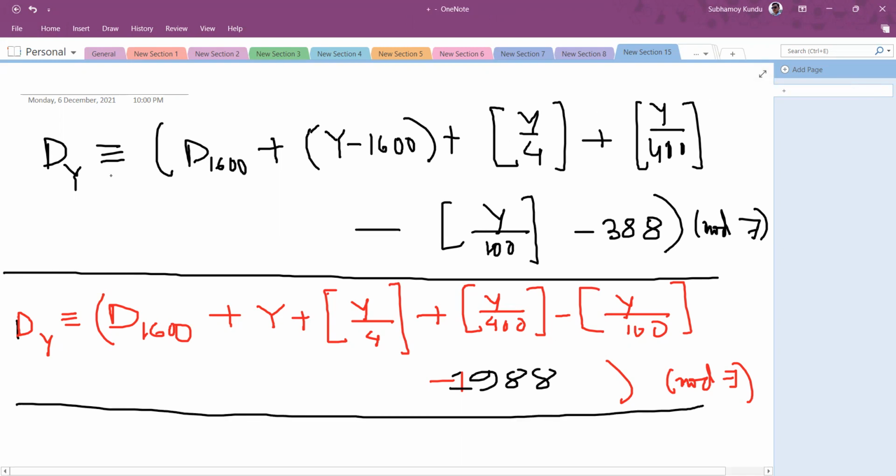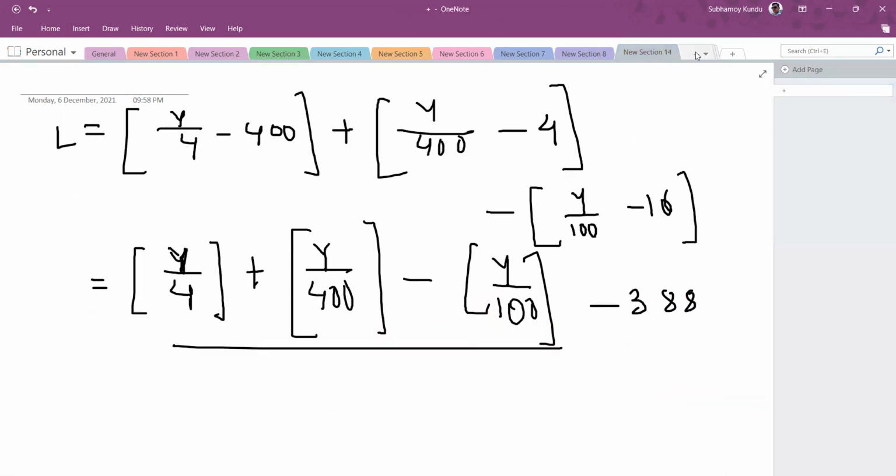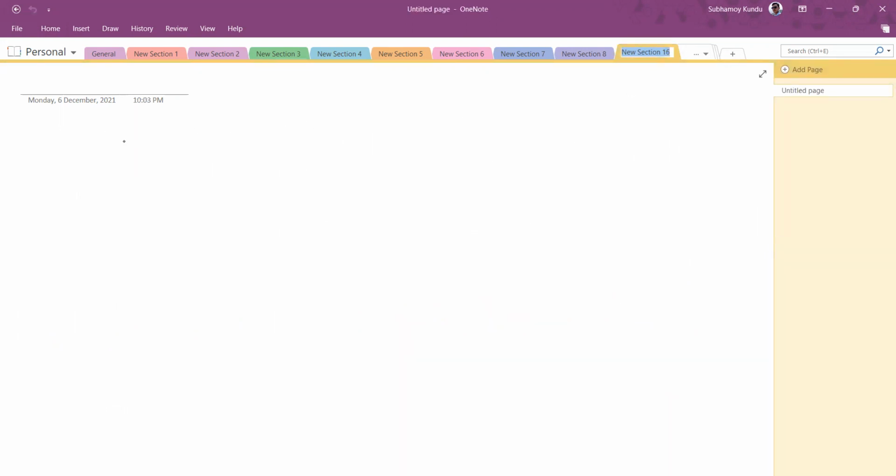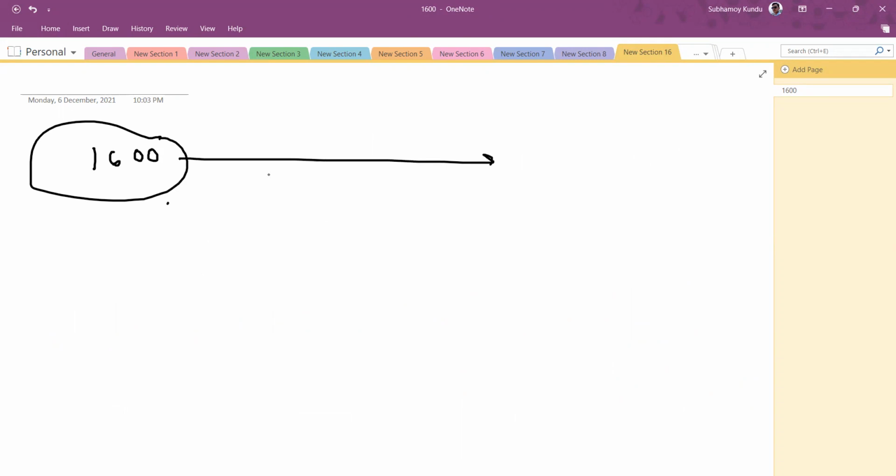Let's give it an example in this way. How do we calculate? This is how we calculate. Let's say we are trying to find out how many leap years there are between the calendar year 1600 and 1995.